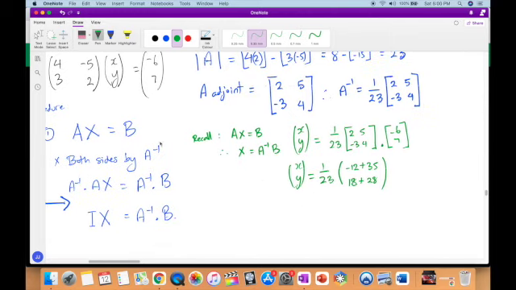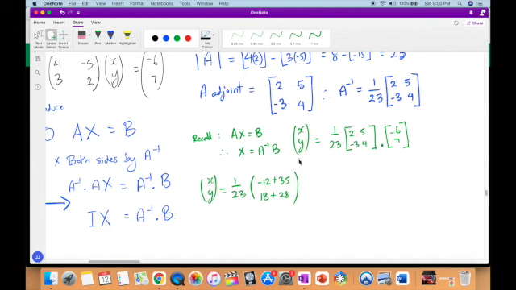I'll bring this over on this side here. This implies that x y is equal to 1 over 23 multiplied by the matrix 35 minus 12, which is 23, and then 18 plus 28, which is 46.